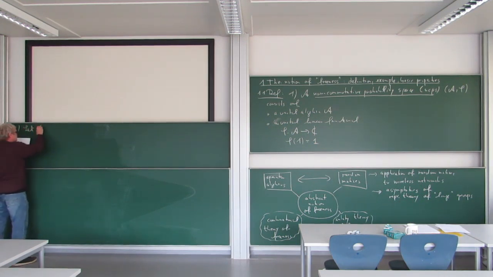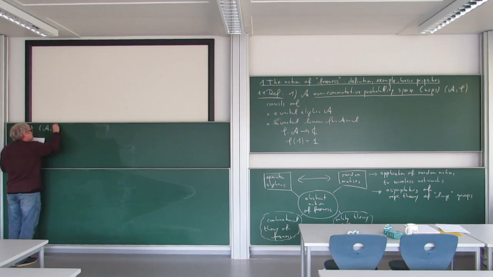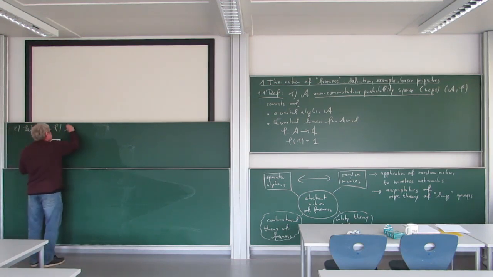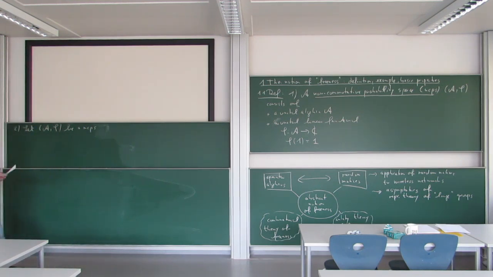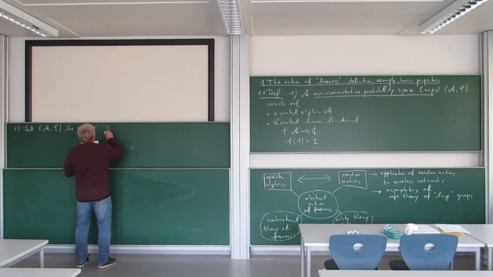Okay, so our setting is we have such a non-commutative probability space consisting of A and phi. Then you look at subalgebras, and they should be unital, so they should also contain 1.